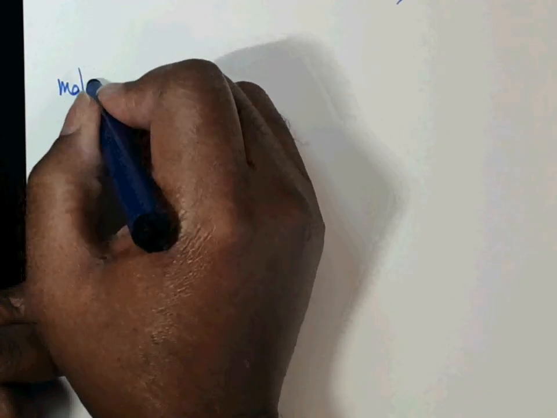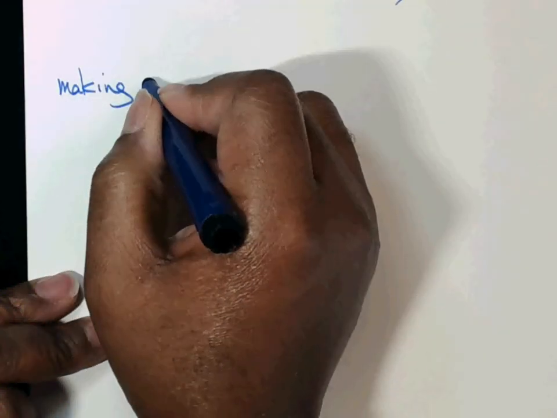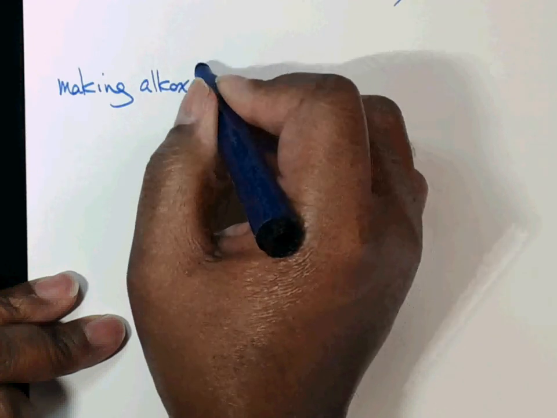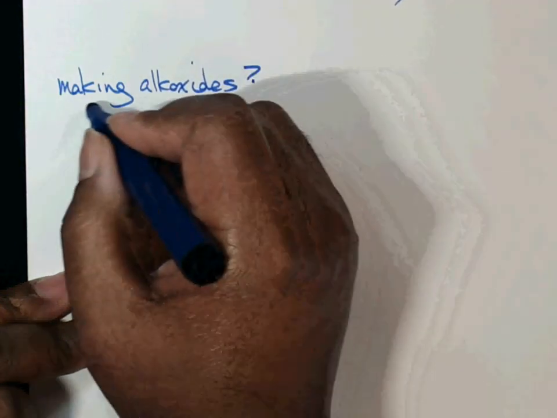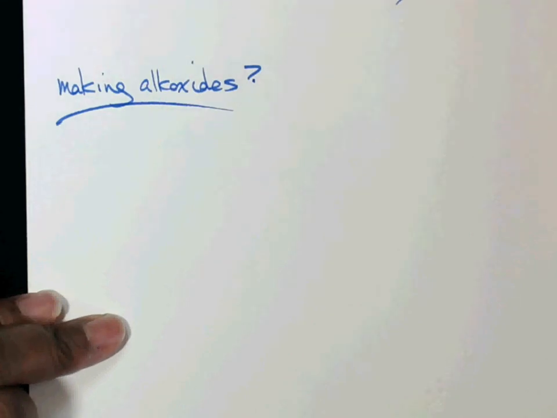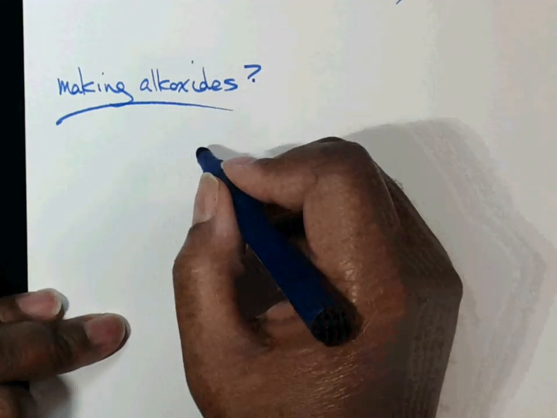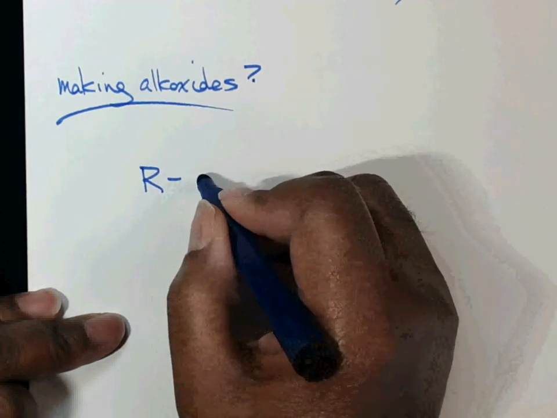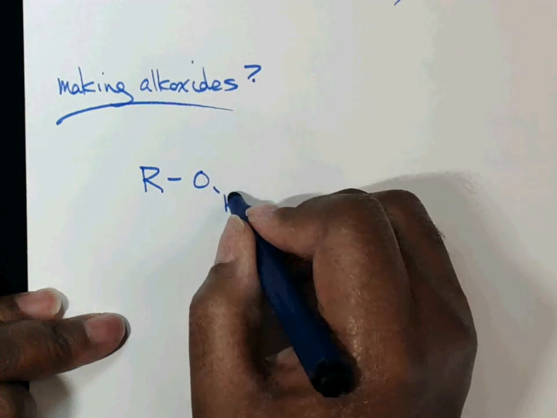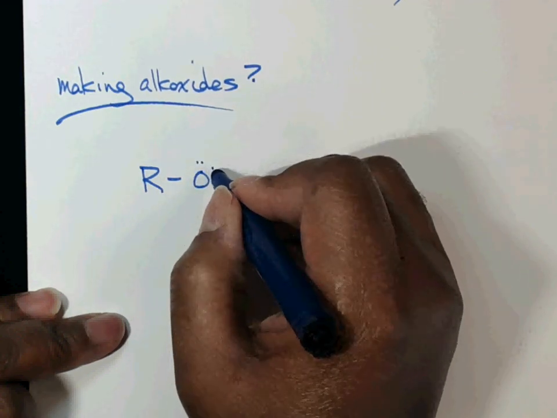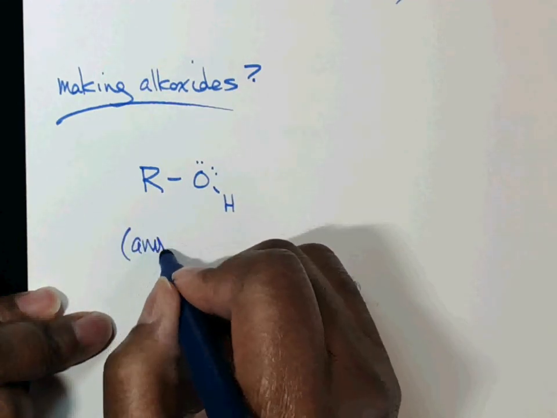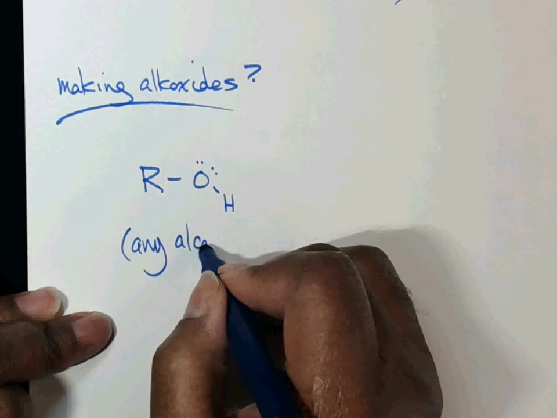Well, alkoxides are derived from alcohols, but you probably already knew that. If you have an alcohol, and it really doesn't matter what kind of alcohol, so I'll even say in parentheses, any alcohol.